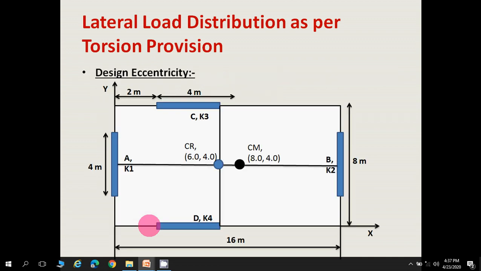If this floor plan is subjected to earthquake force in the x direction and also in the y direction, then to calculate the design eccentricity in the x direction, we have to choose the ESI value in the y direction, because when the forces act in the x direction, an eccentricity in the y direction will create a torsional moment in an anticlockwise direction.